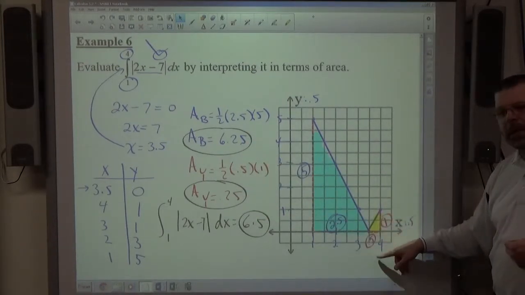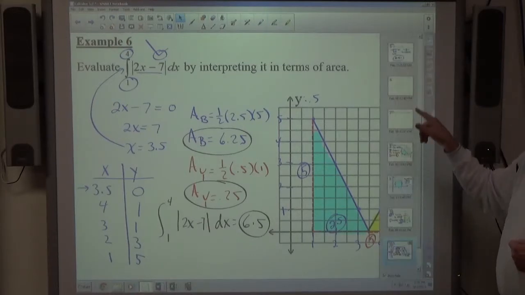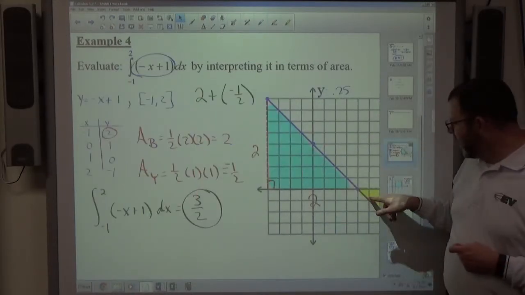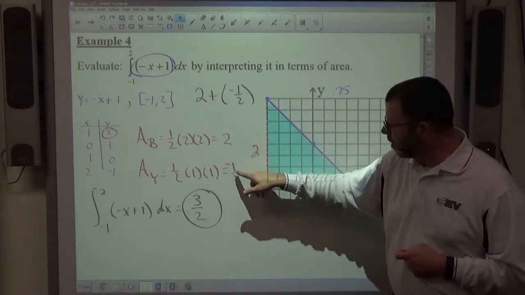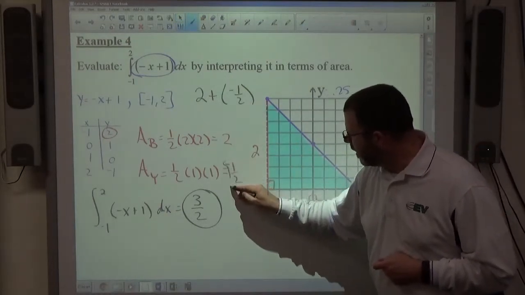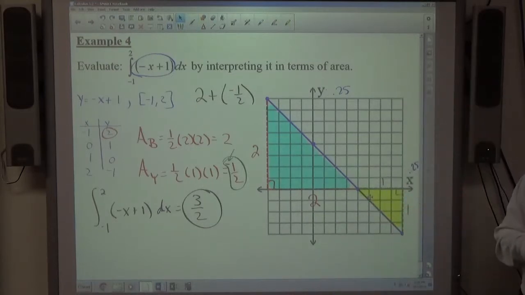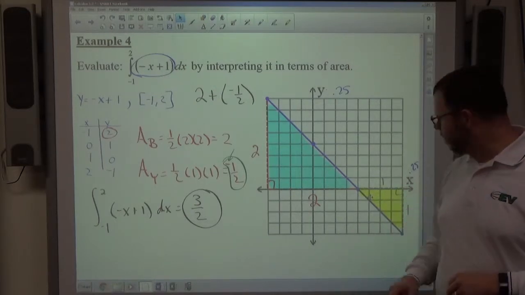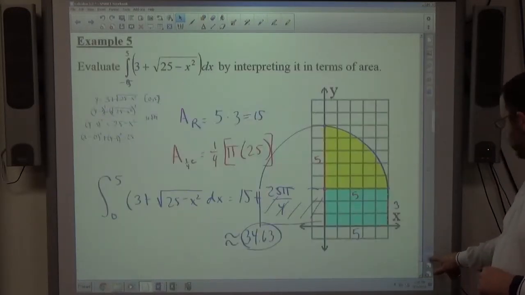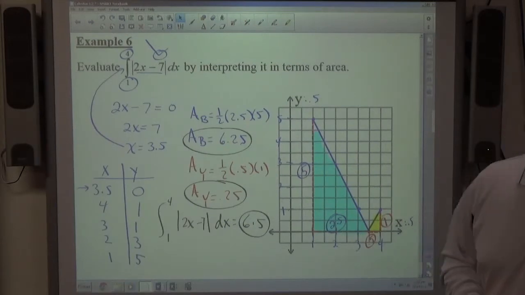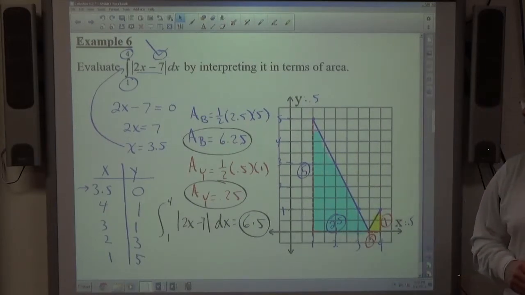Any area happening below the x-axis, such as the first example I showed you, is a negative area. If it's above the x-axis, a positive area. Once you get the areas either positive or negative, add them algebraically: add up the same signs, subtract the different signs. So that's how the problems are going to work today, and hopefully that makes enough sense that you can tackle that assignment.